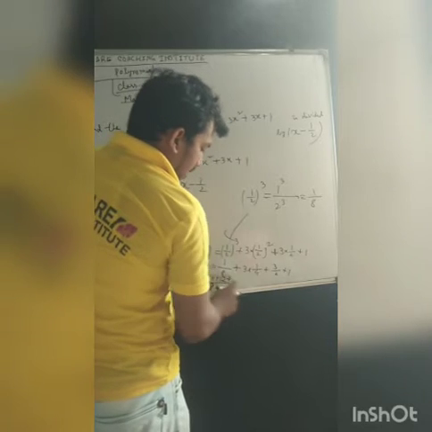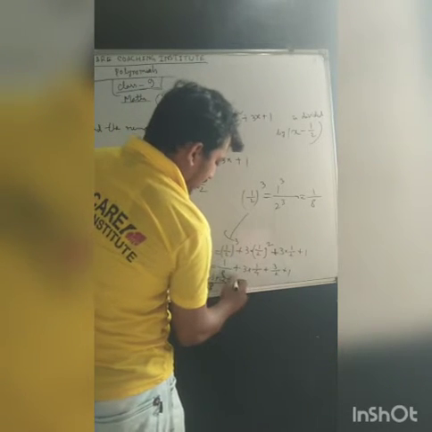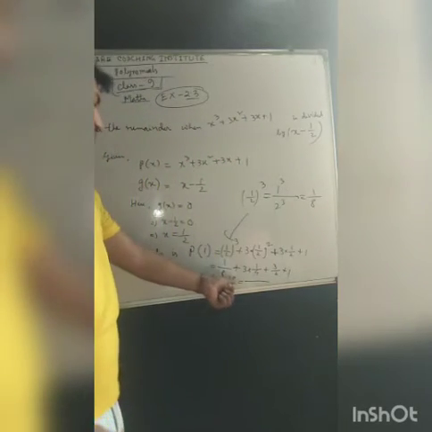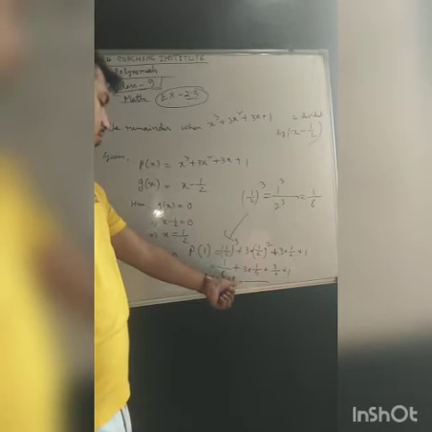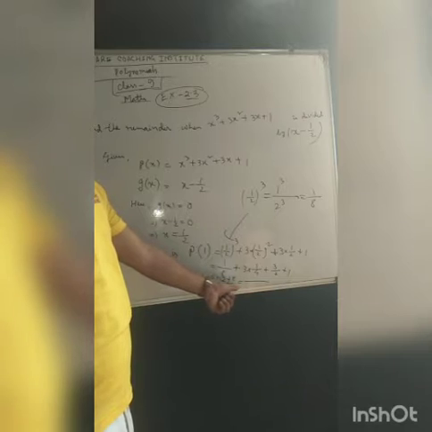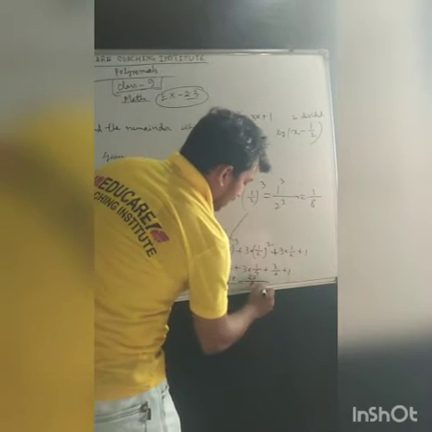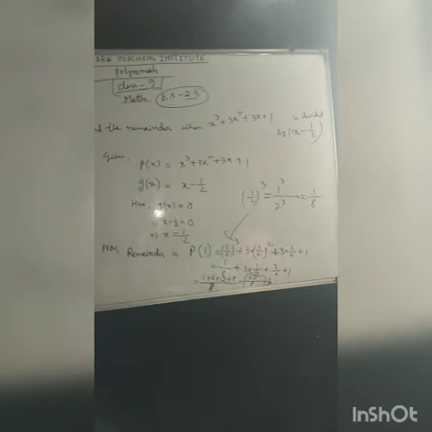And 8 into 1, 8. That means 6 plus 1, 7, plus 1, 8, 13... 15 plus 12, 27 by 8. That is the answer, the remainder.